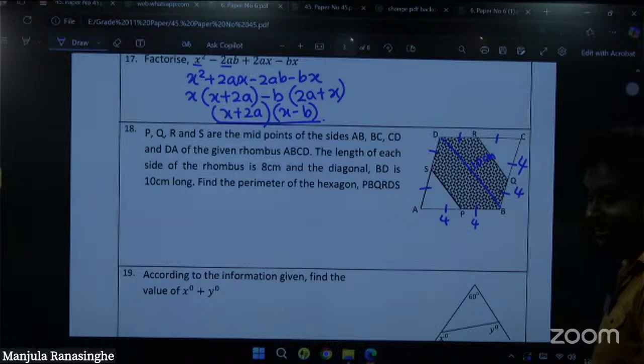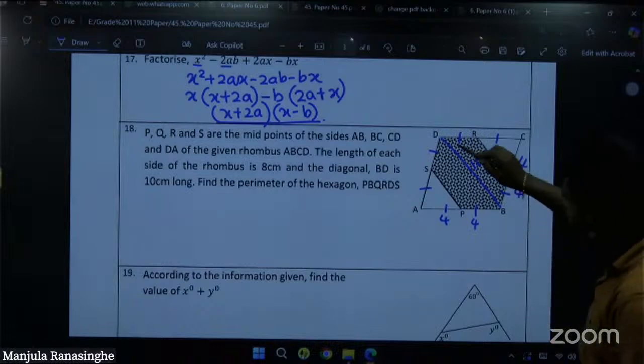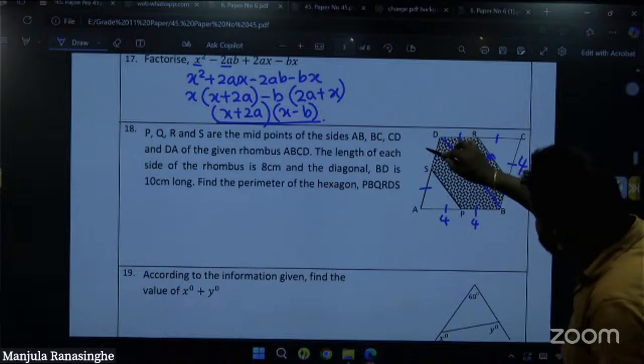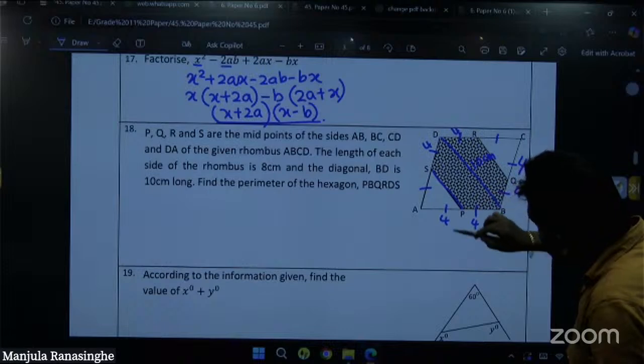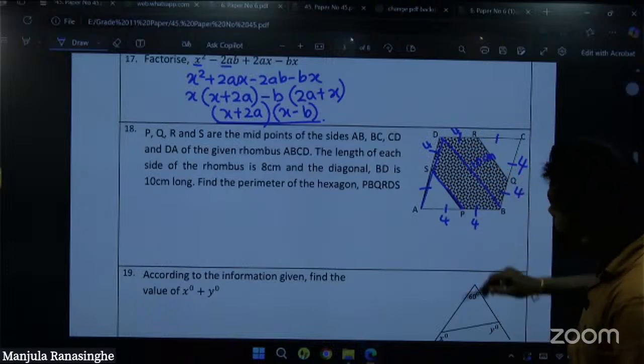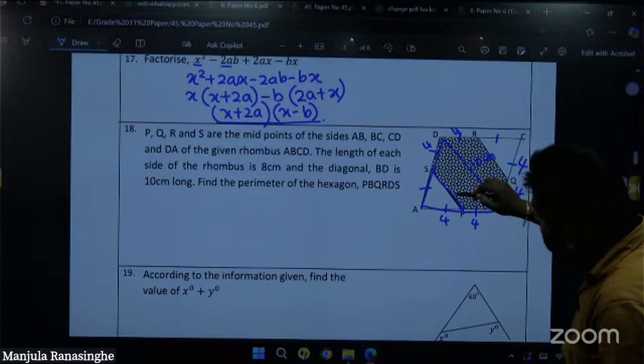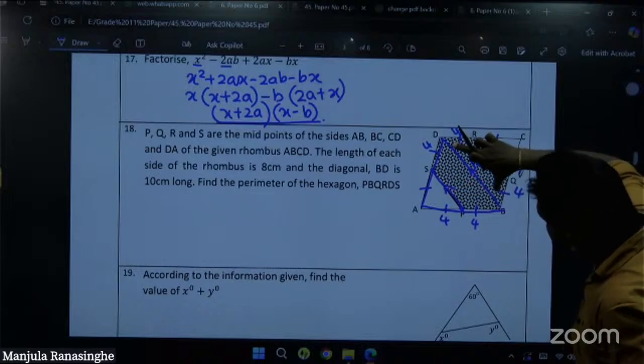Now, see that, nice question. To find the perimeter you require this length, that is 4, this length to be found. Now you can see that the midpoint of this side is S, as well as the midpoint of this side is P. Now two midpoints connected, that means this is parallel to BD, and lengthwise half of the length.